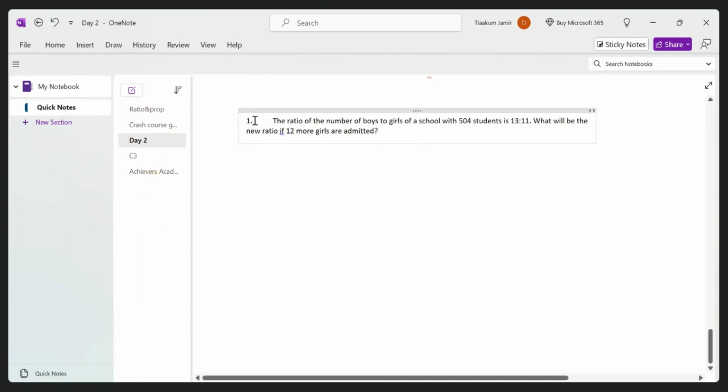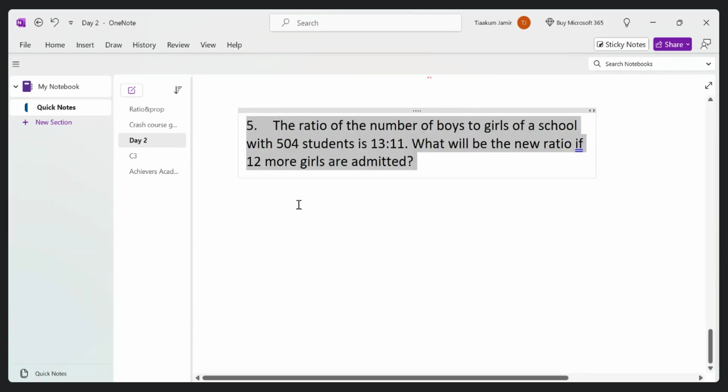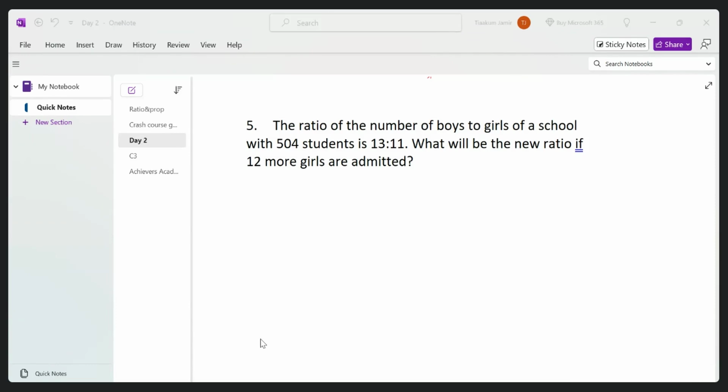All right, let's try question 5. The question was the ratio of the number of boys and girls of a school with 504 students is 13 is to 11.